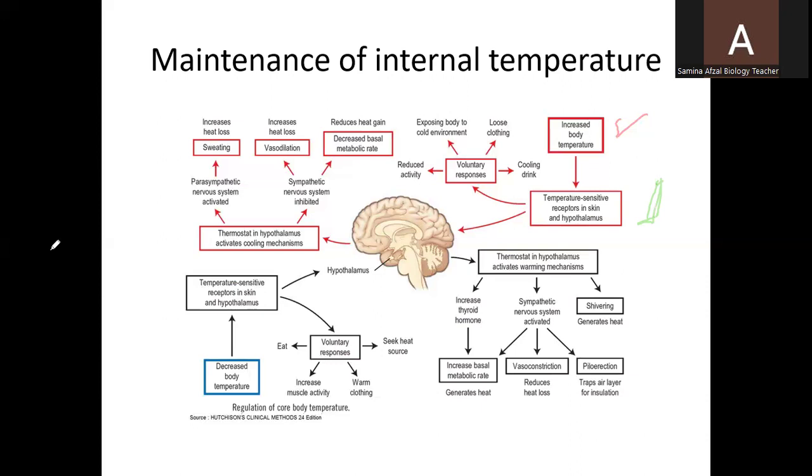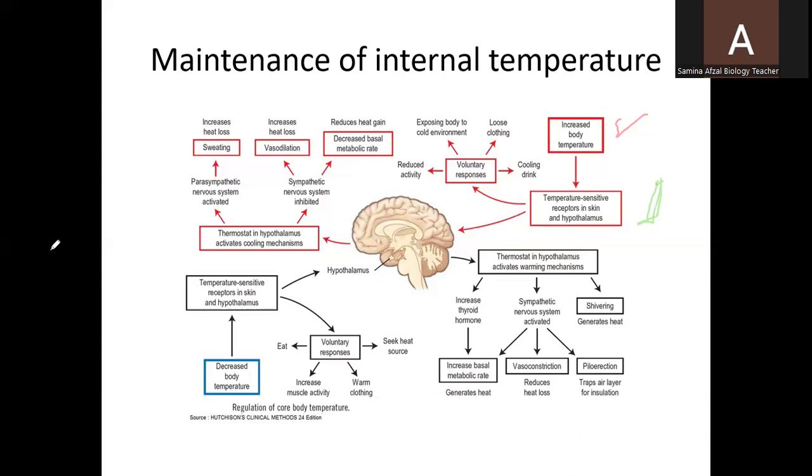When they are activated, then first of all, there will be some voluntary responses. Voluntary responses will be, we will reduce our activity. We will sit at a place, we will not move to reduce our activity. In this way, we will be able to produce less heat.